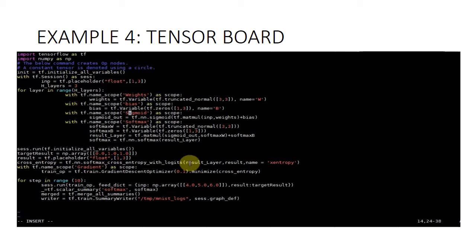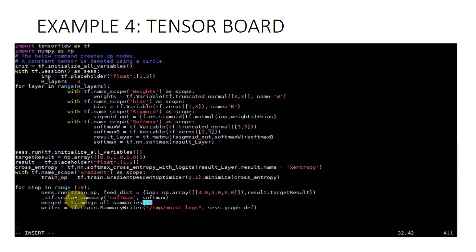So that is fed in my session.run command over here. So since they are placeholder tensor values, they are fed using the argument feed underscore dict. Once the cross entropy value is obtained, we do the training process, that is using the gradient descent optimizer algorithm, and we get the train underscore op node.